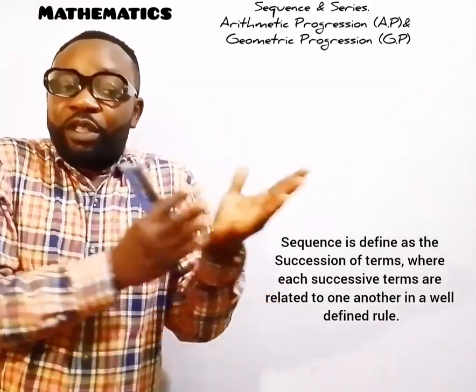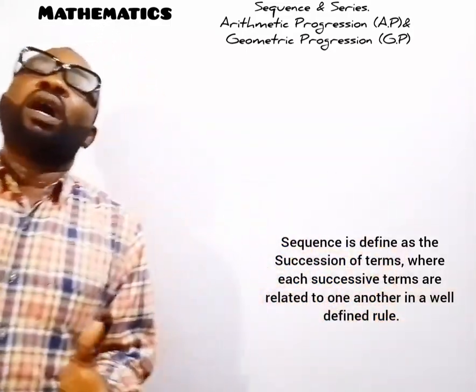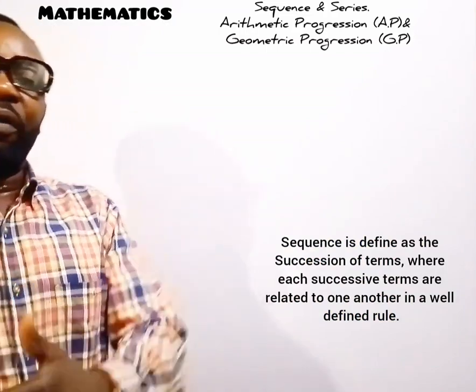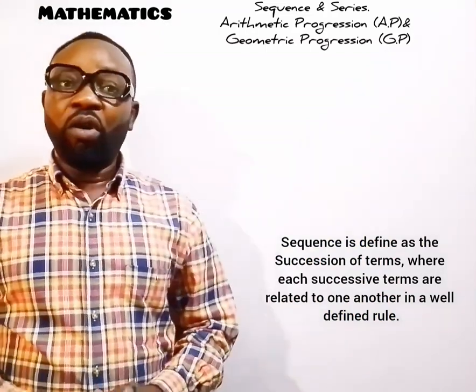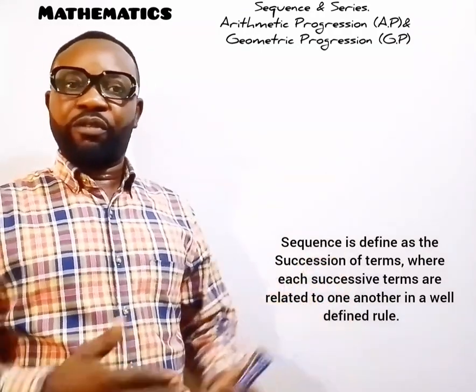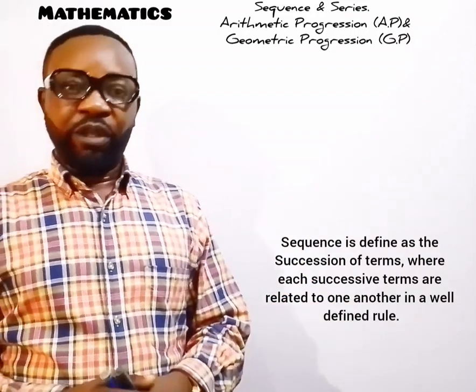That is, if this one differs by a particular difference, the next one will have the same difference. They can be either in an arithmetic progression difference or in a geometric progression difference.